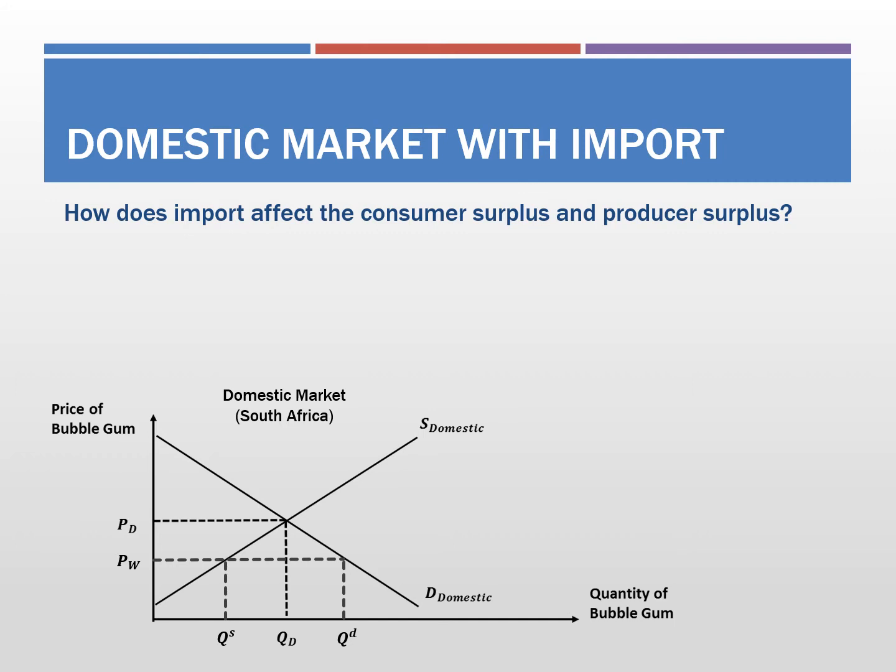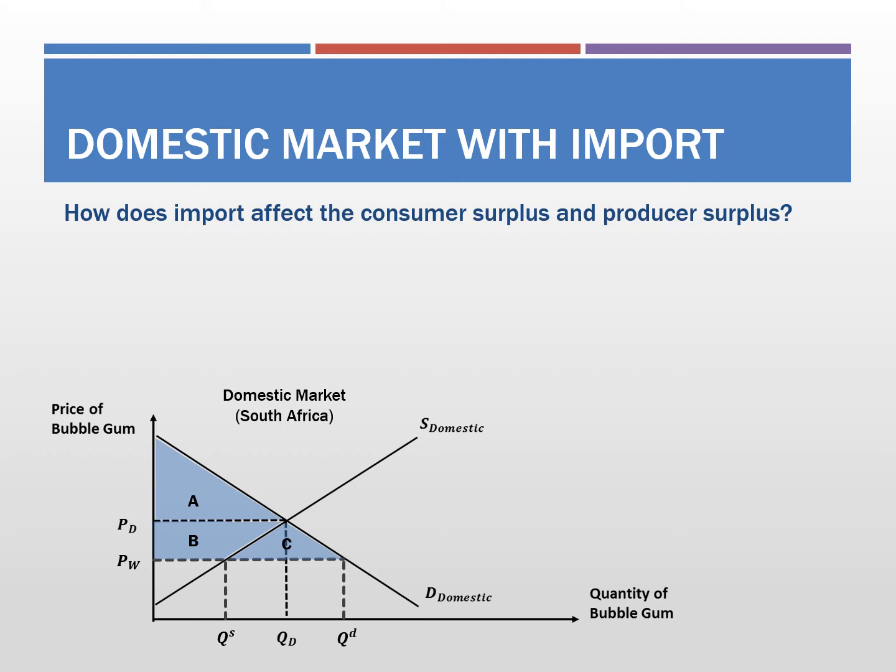Well, first of all, the domestic consumer surplus will definitely change. Except for this area A right here, which previously existed, we are also seeing a lot more people buying bubblegum. So now the new consumer surplus will look like this. Again, how do we know we have the area A plus B plus C? Because we know the new price in South Africa for bubblegum is going to drop to this world price, which is PW.